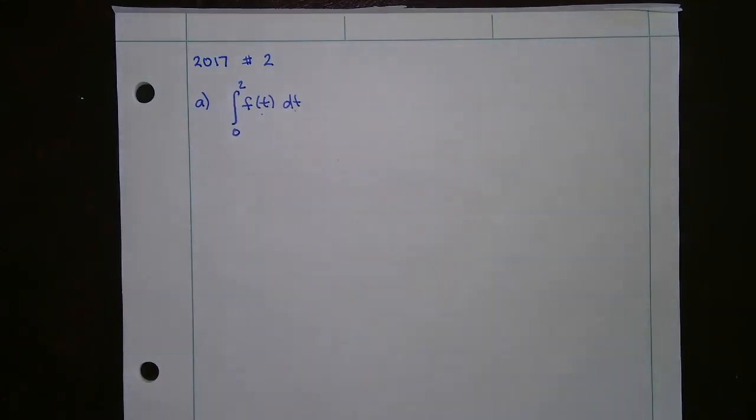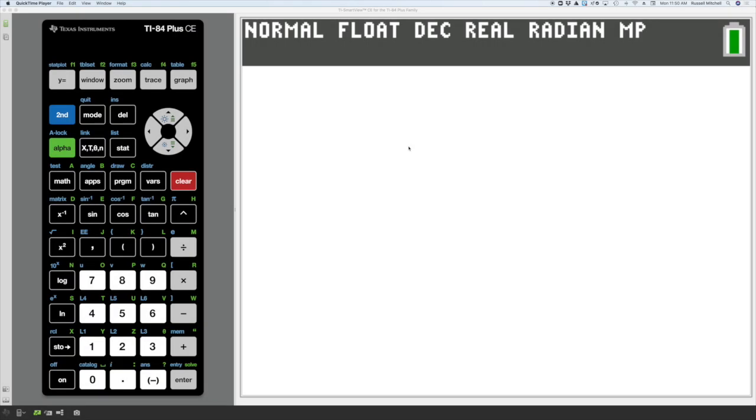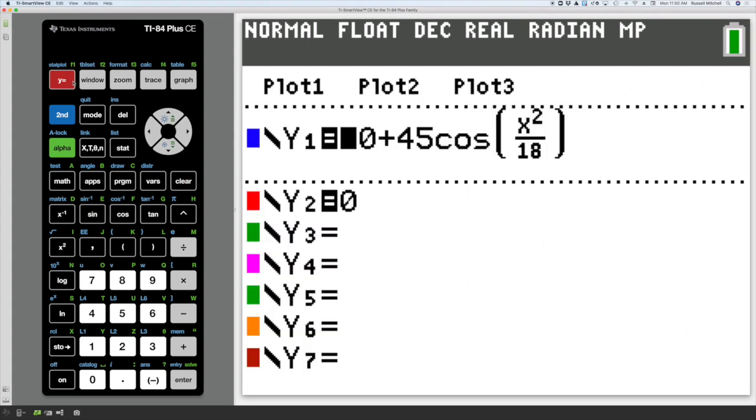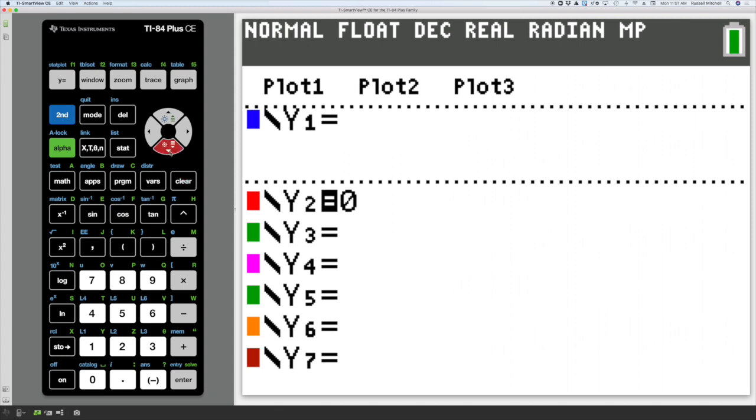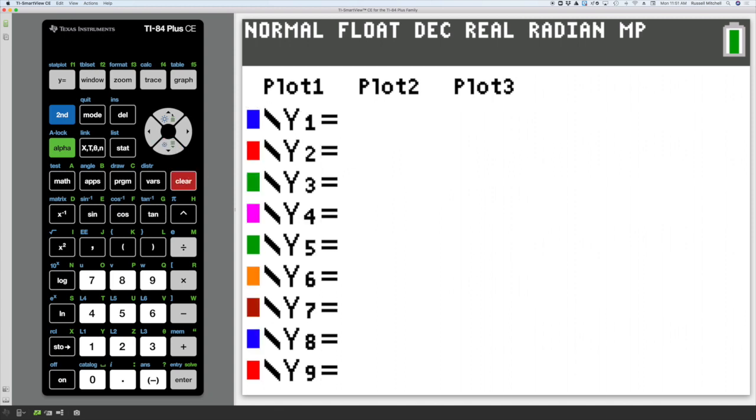So we're going to go to our graphing calculator and put this in and see what we get. On our graphing calculator, we want to make sure that we're in radians because we're dealing with some trig functions here. So verify that, look up here where I'm highlighting. Then go to y equals, and I'm going to clear out the functions from the other day.